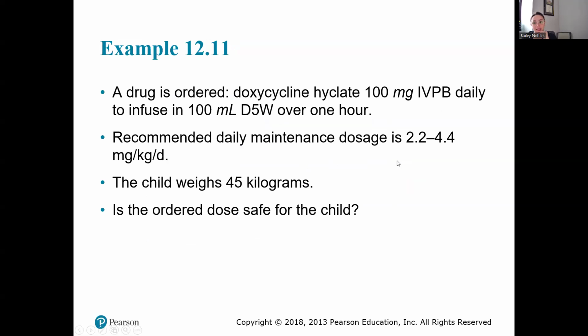All right, now I have doxycycline 100 milligrams IV piggyback daily to infuse 100 mils of D5W over an hour. The recommended daily dose is 2.2 to 4.4 milligrams per kilogram per day. The kid weighs 45 kilograms. Is this a safe dose? Once again, 3 seconds. Pause if you need to.